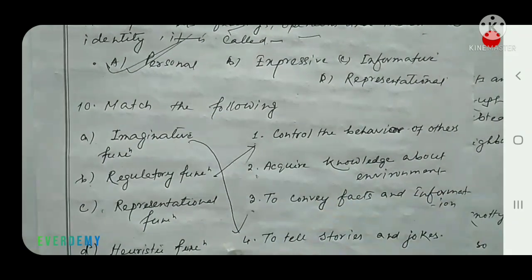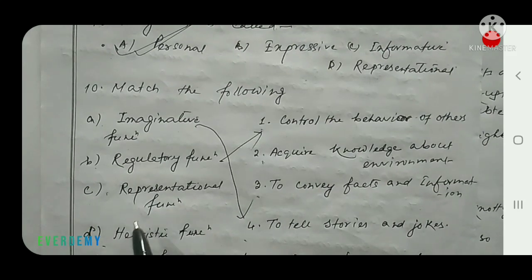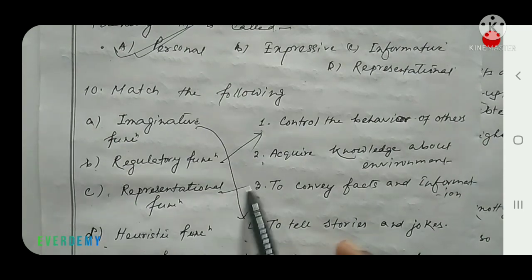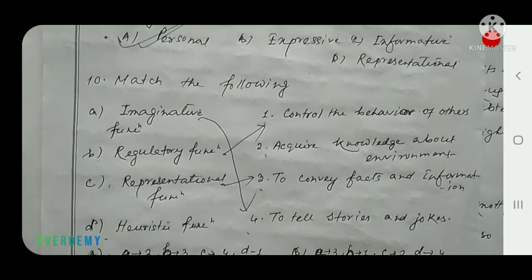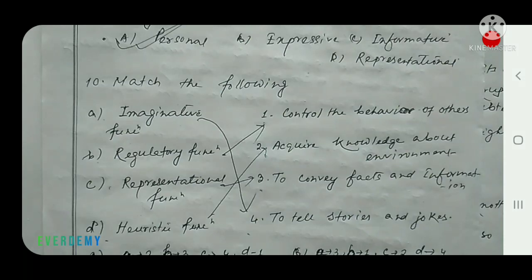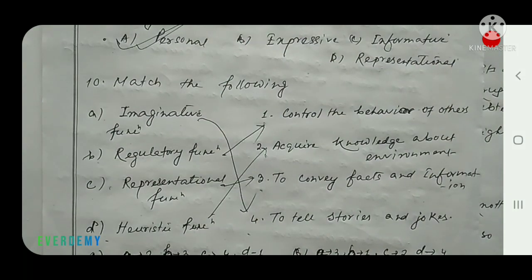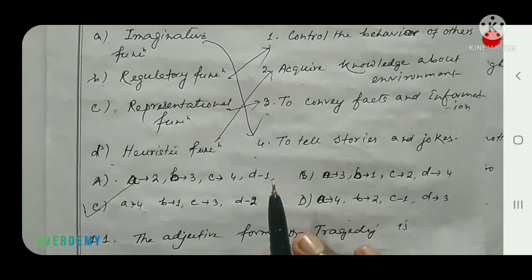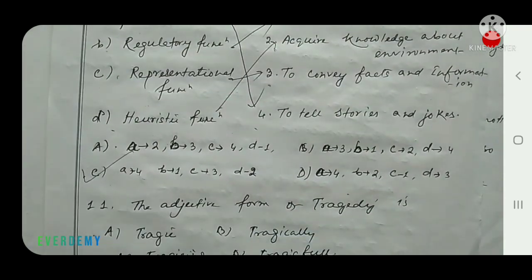Representational function is to convey facts and information, that is 3. D, heuristic function is to acquire knowledge about the environment, that is 2. So C is the correct answer. A4, B1, C3, D2.